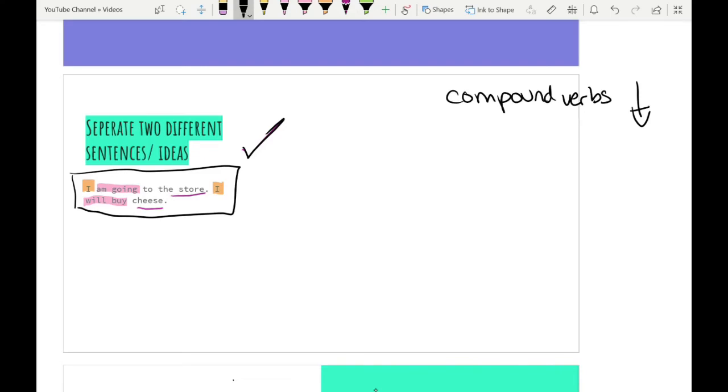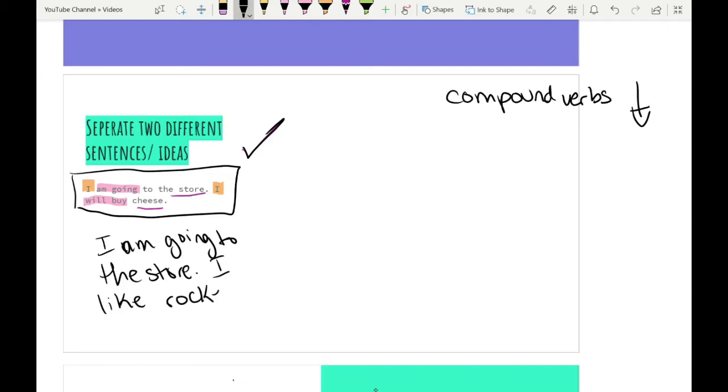So, if the two sentences that you're combining are related, for example, I am going to the store, and if your second sentence was something like, I like rockets, I mean like rocket ships going out into space, those wouldn't really make sense together.